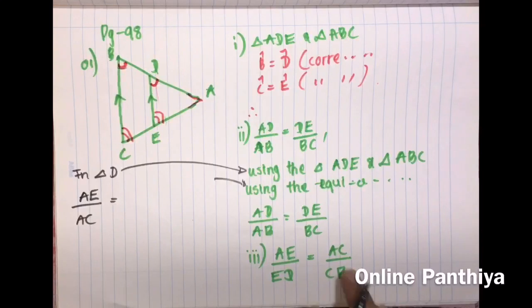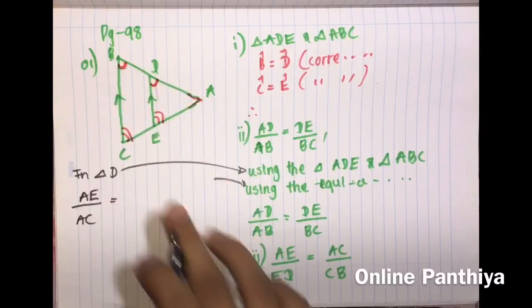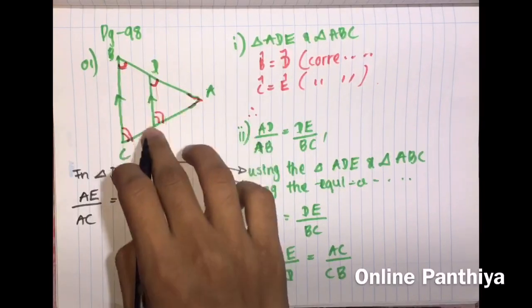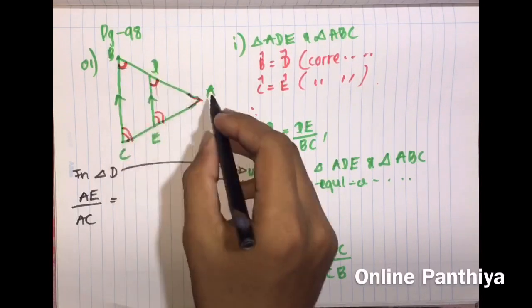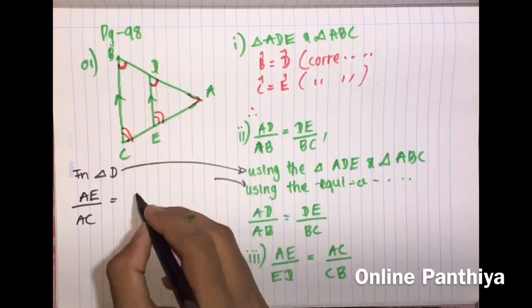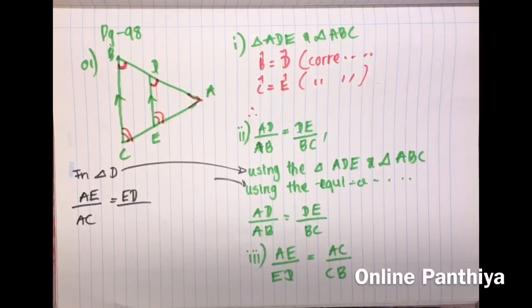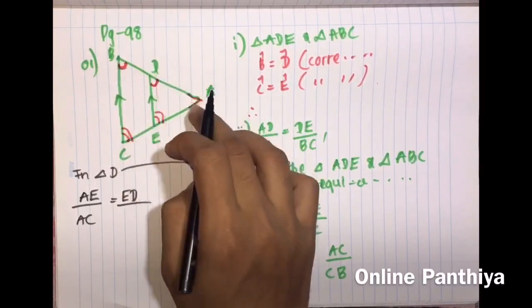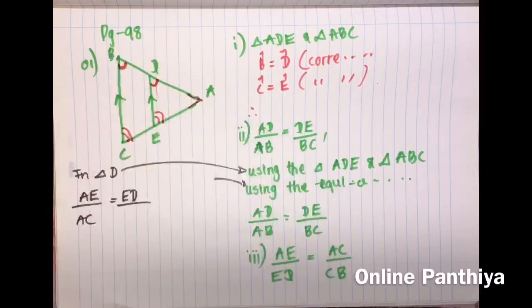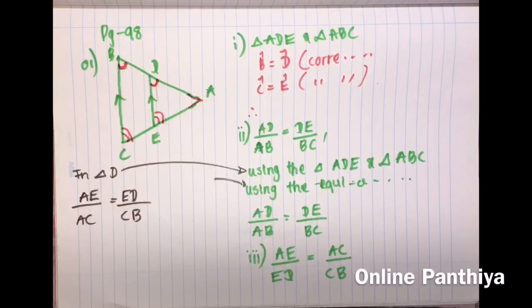Now what are the other sides available? CB is available, ED is available. Where is CB? CB is here. Where is ED? ED is here. That means you have to consider which angle? Yes, you have to consider angle A. While considering angle A, you can say ED over, if you consider angle A in the smaller triangle, you have to consider the same angle in the larger triangle, that is equal to CB or BC.